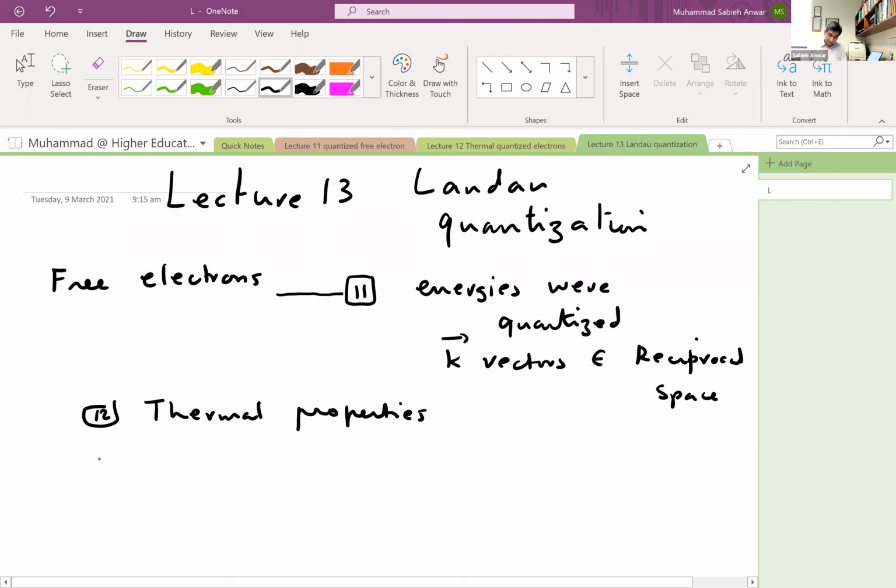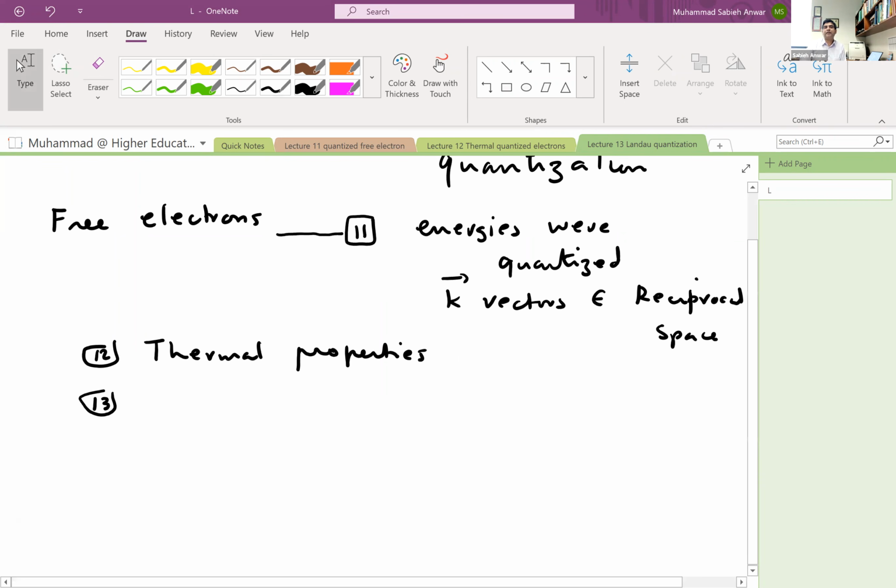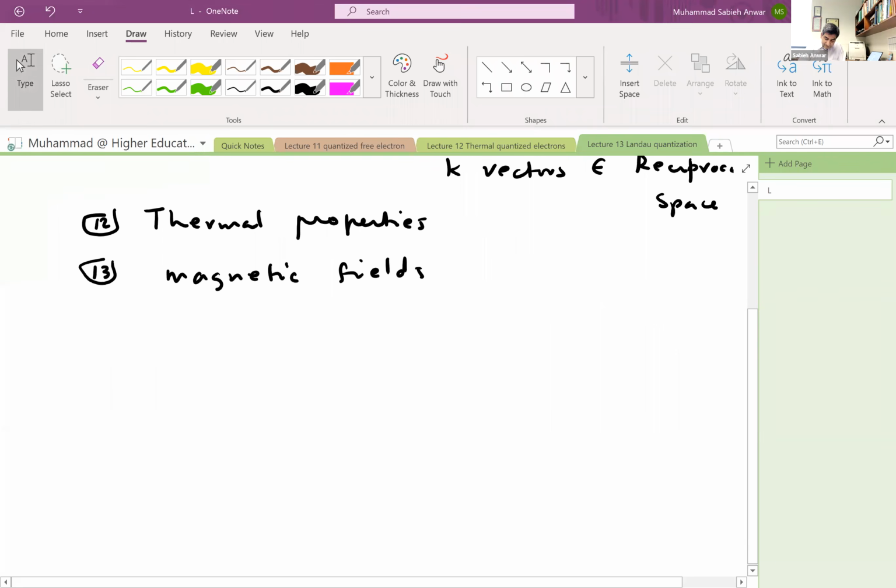Now, in today's lecture, we are going to explore even further how these free electrons, whose energies are now quantized, and which lie on a grid inside the reciprocal space, respond to magnetic fields. We've seen this in passing in the previous lecture when we were discussing the spin split bands.